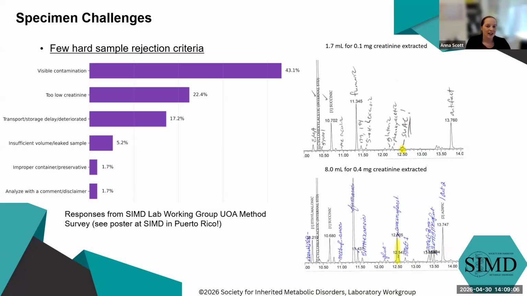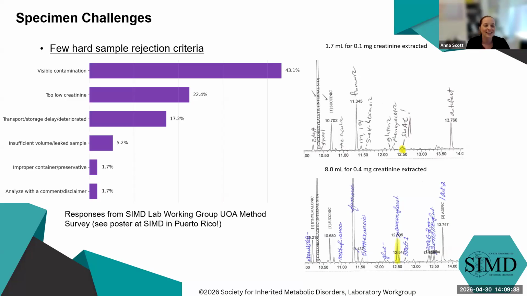I want to highlight here, in 2024, the SIMD lab director working group rolled out a survey to clinical labs asking a whole bunch of very nuanced questions about methodology. And this is a figure that I've pulled from a fellow here at the University of Washington who will be presenting those survey results at SIMD in a poster. So I hope to see you there in a few weeks. This is one of the figures.